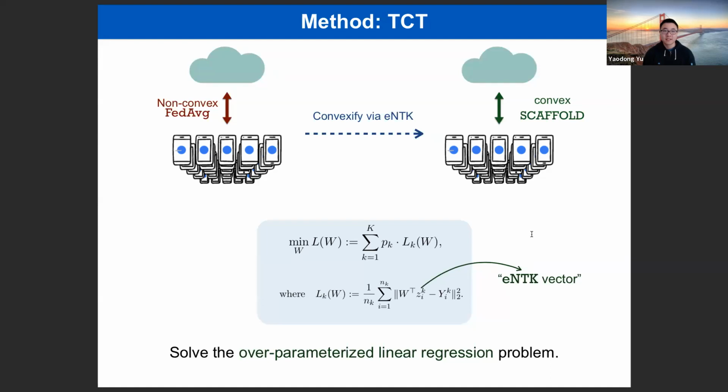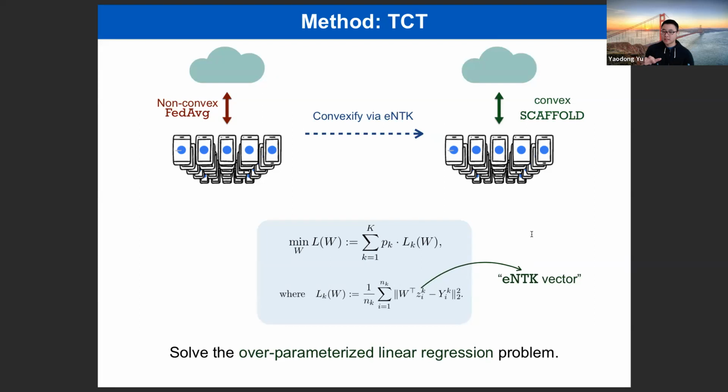Yeah, exactly, that's a very good question. Based on the basic calculation of the ENTK vector, the dimension should be at least the same as the number of parameters of the model. If a residual network has, say, 5 million parameters, this ENTK vector is 5 million dimensional for each data point.